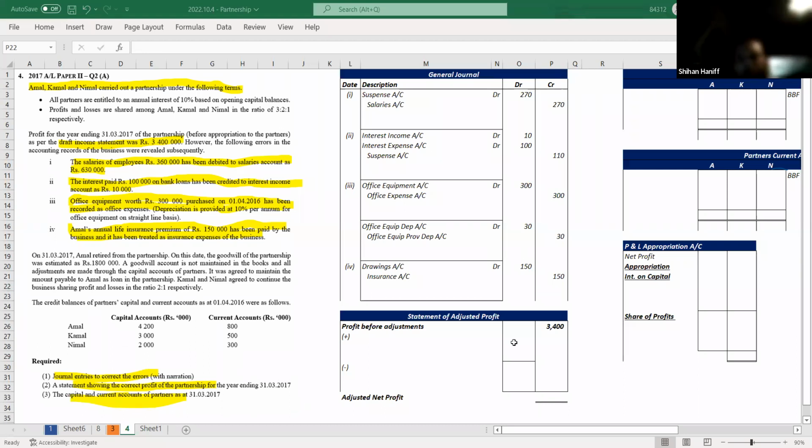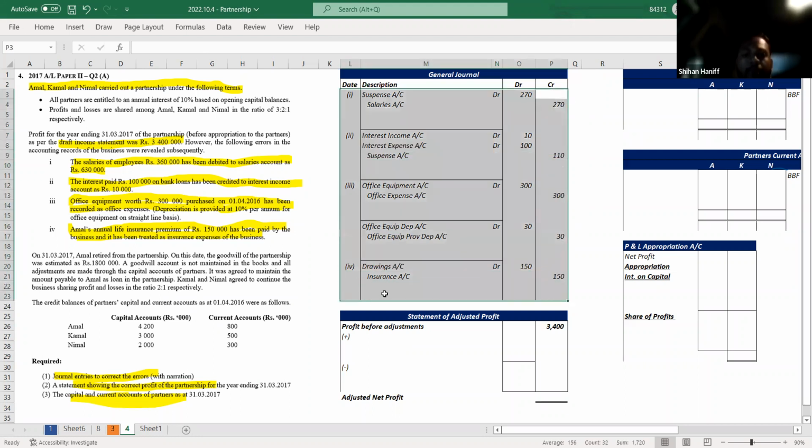Now, once you do the error corrections, you can find out the adjusted net profit. Okay, so the next part is very important. Now you have the general journal.